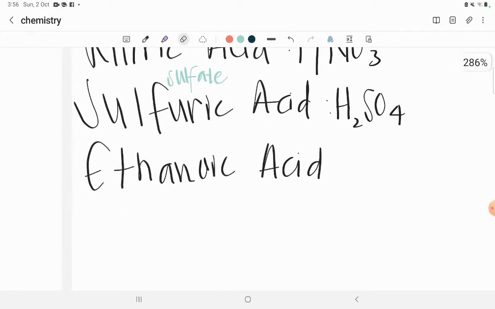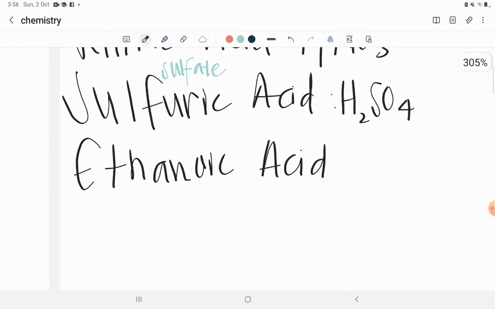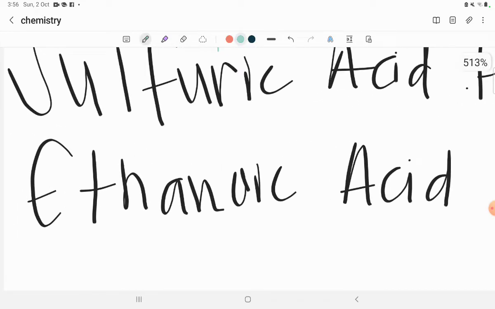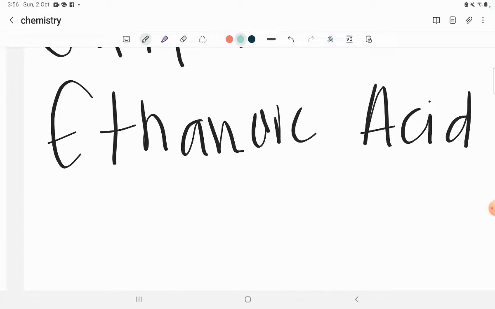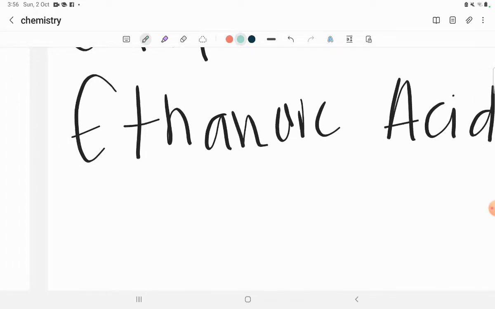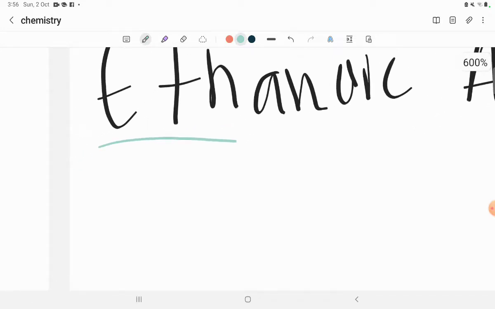Ethanoic acid. For ethanoic, we have to use a bit of organic chemistry knowledge. Let's dissect. Eth is the prefix for two carbon atoms.